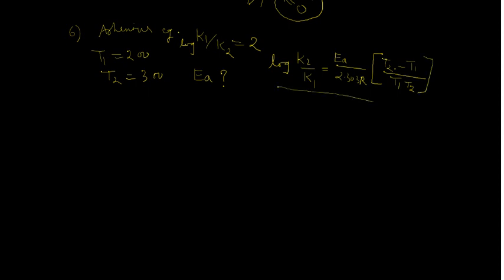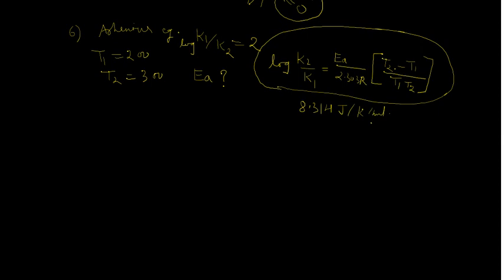This was the question, and you have to solve this one. Two temperatures are given. R is the gas constant, and you can put the value of R as 8.314 joule per Kelvin per mole. You can put this value here, and 2.303 is a constant.